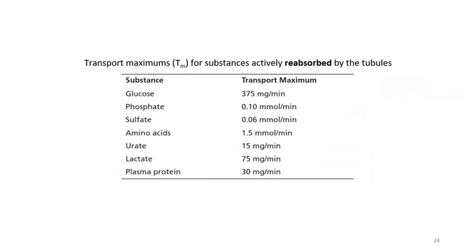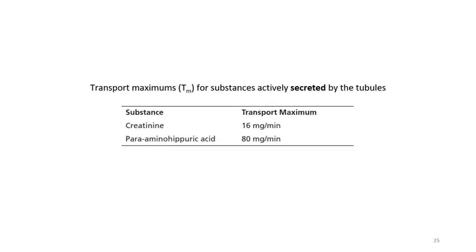In this table you see transport maximum for substances that are actively reabsorbed by the tubules, for example glucose, phosphate, sulfate, amino acids, urate, lactate, plasma proteins, and also for substances that are actively secreted by the tubules, such as creatinine and PAH.